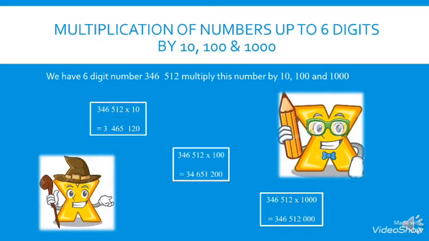In the example, we have a 6 digit number, 346,512. We multiply this number by 10, 100 and 1000 and let's see the results. When we multiply 346,512 with 10, the answer is 3,465,120.